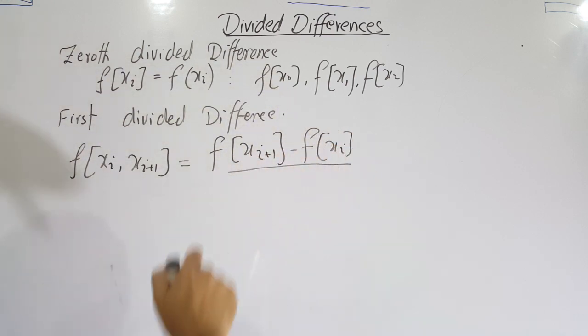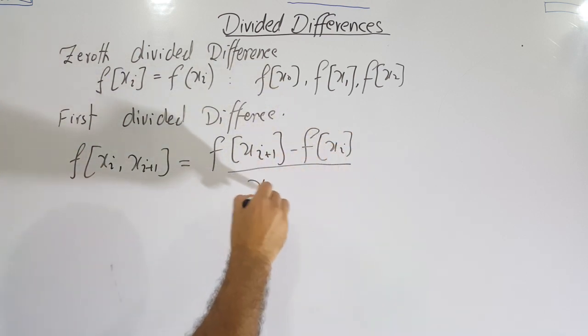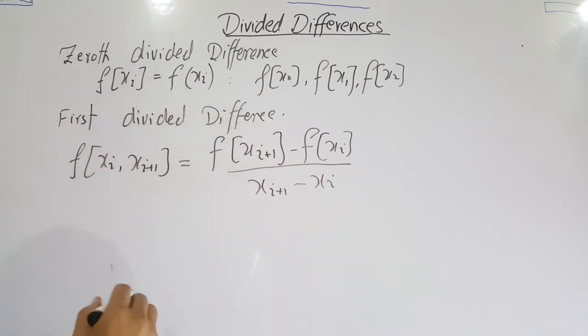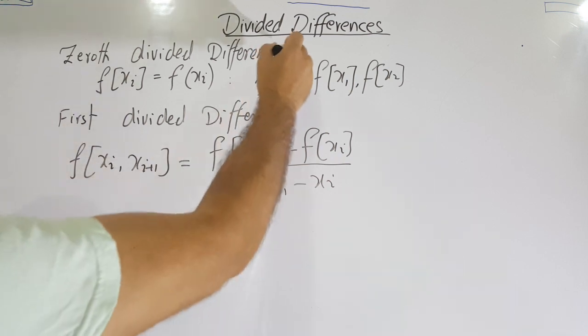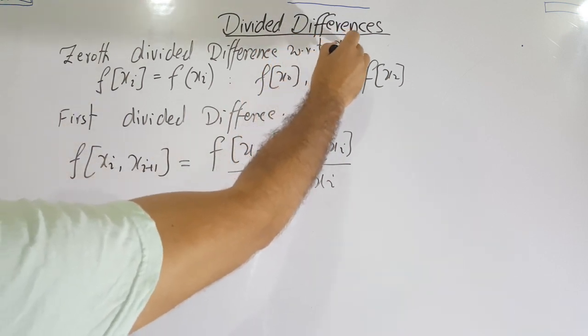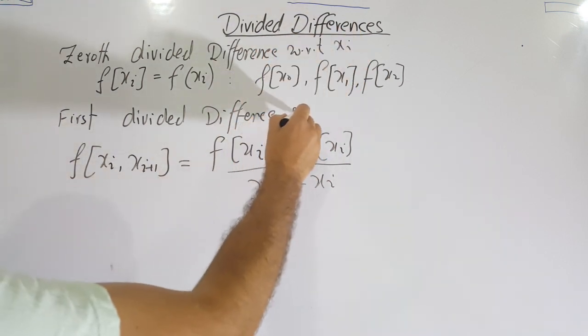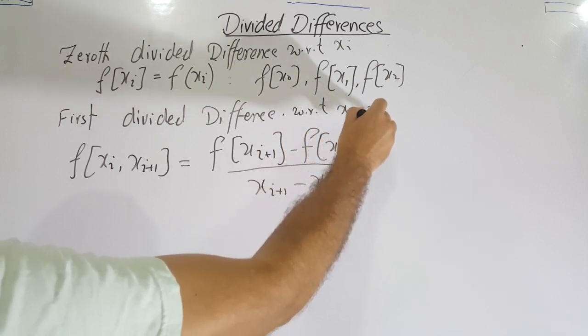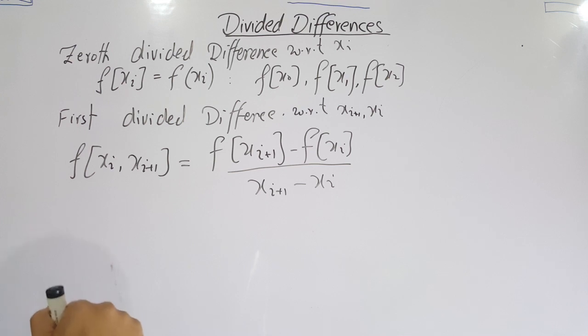Remember that these are denoted by the square brackets, and this is with respect to xi plus 1 and xi.